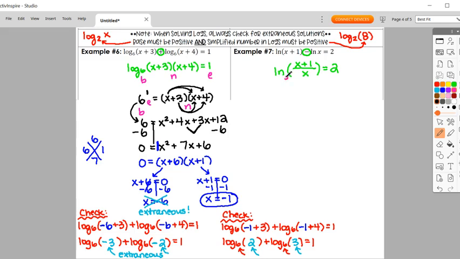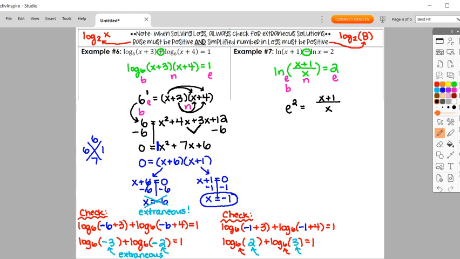Remember, the base on your natural log is always e, so that will be what we use in place of b. Rewriting this, I get e as my base. The exponent is 2. And I set it equal to that whole x plus 1 over x.